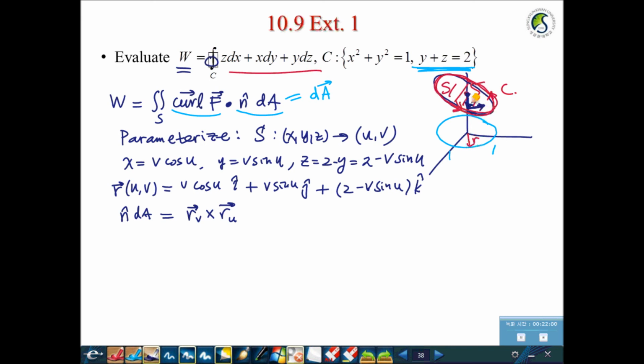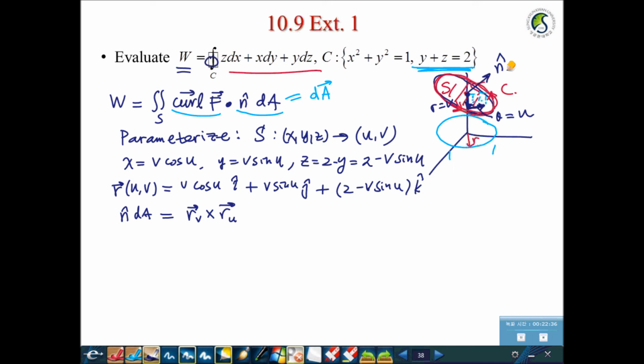So this vector is v, r is v according to our notation, and theta is u. So it's a parallelogram between two vectors, that's the cross product, and that's our n. That's the direction of the surface. You should be able to understand that.